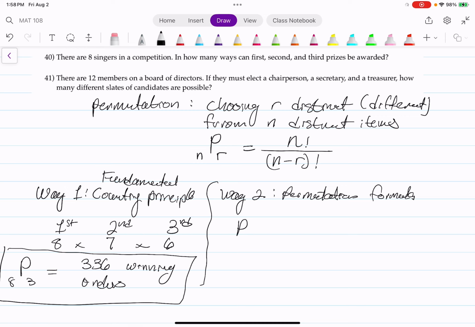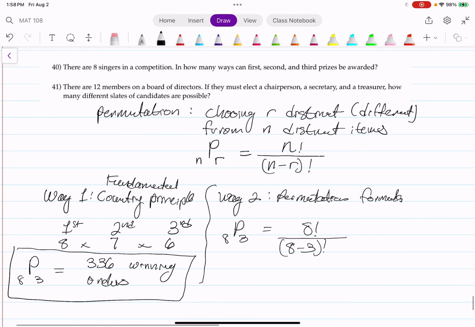So the permutation of 8 singers choosing 3 is 8 factorial divided by the quantity 8 minus 3 factorial. We know that 8 minus 3 is 5 factorial. So 8 factorial divided by 5 factorial.